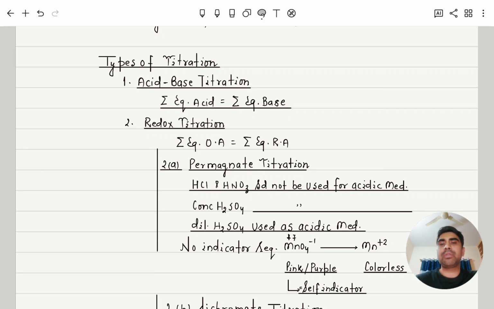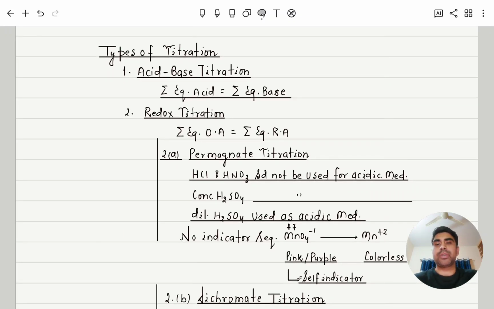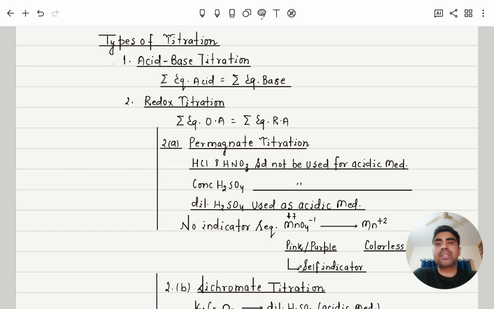The remaining two types of titration: one we will study in ionic equilibrium, and conductometric titration we will study in electrochemistry. Here, first is acid base titration. Acid reacts with base, no need to balance, just apply that the summation of equivalents of all acids is equal to the equivalents of all bases.